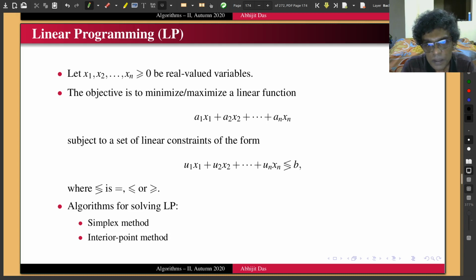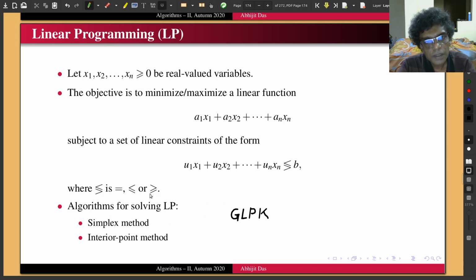Okay. So, in fact, if you have to solve some LP instances, there is an interesting package, an API, the GNU Linear Programming Kit. So, you can use this. It's a fairly efficient thing, not the most efficient toolkit for this, but you can anyway use this. So, let us assume that this real valued optimization problem can be solved efficiently.